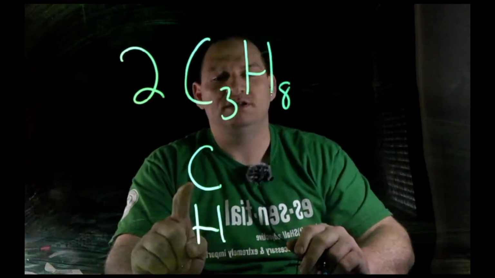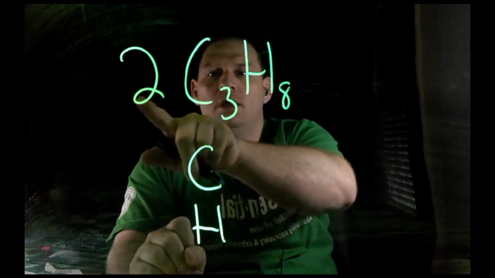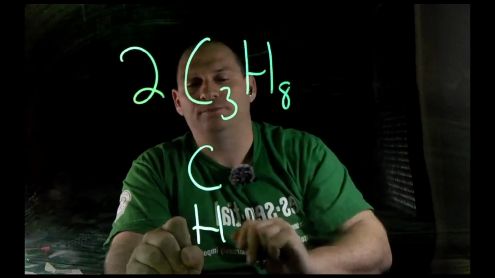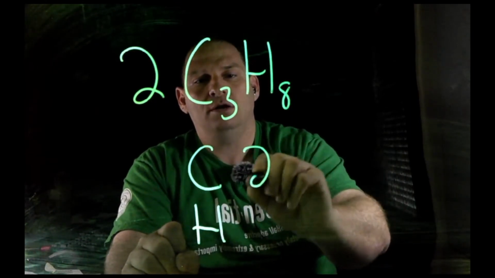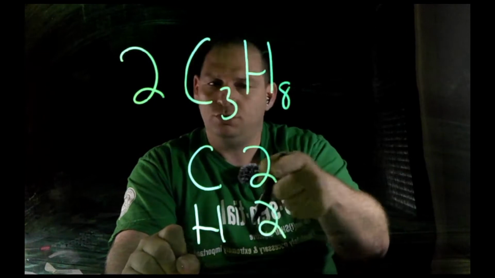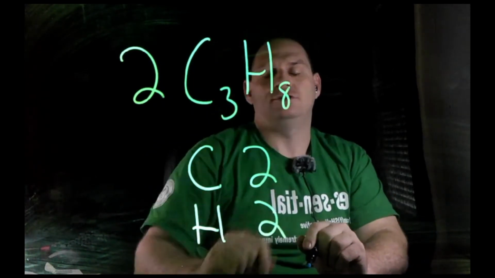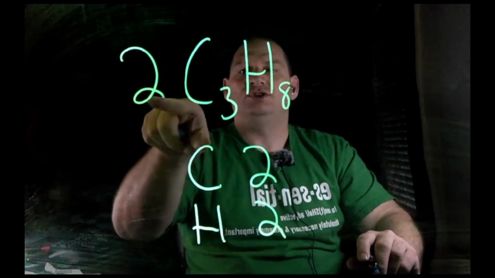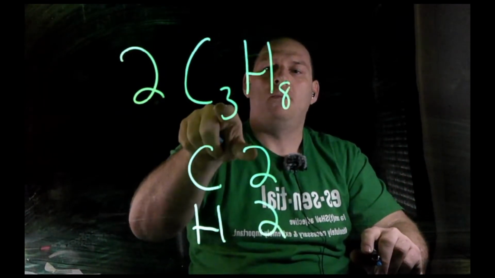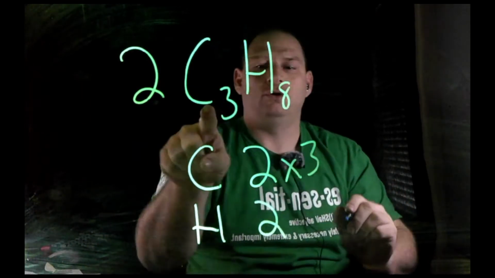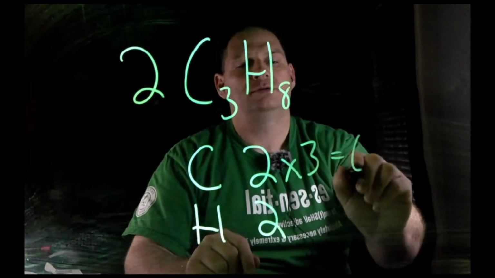All right, next thing I want to do is figure out, is there a coefficient? The big number up front. This is how many of these sets we have. I have a 2. So what I'm going to do is put 2 right here and a 2 right here. Now I have 3 carbons and 8 hydrogens. Since there's two sets, I can take 2 times 3 for carbon, which means I have a total of 6 carbons.